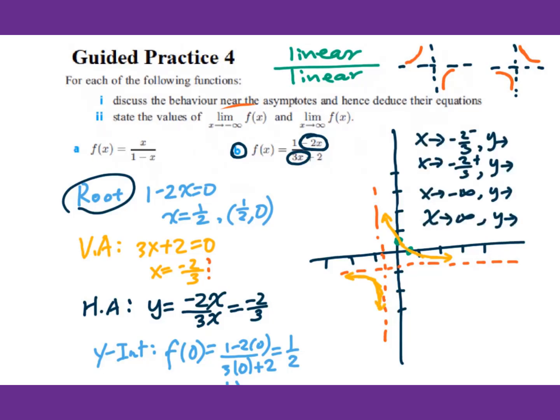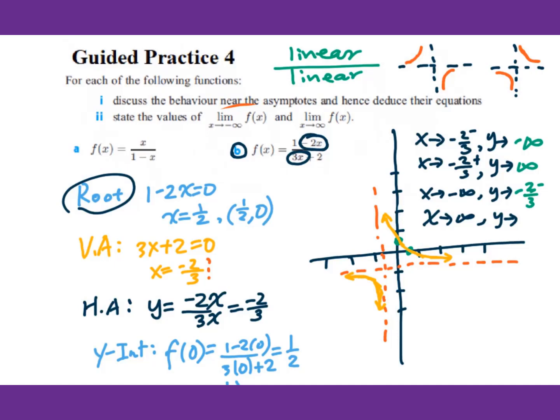Now discuss the behavior near the asymptotes. X tends to negative 2 over 3 from the left side, y tends to negative infinity. X tends to negative 2 over 3 from the right side, y tends to positive infinity. X tends to negative infinity, y tends to negative 2 over 3 from below.